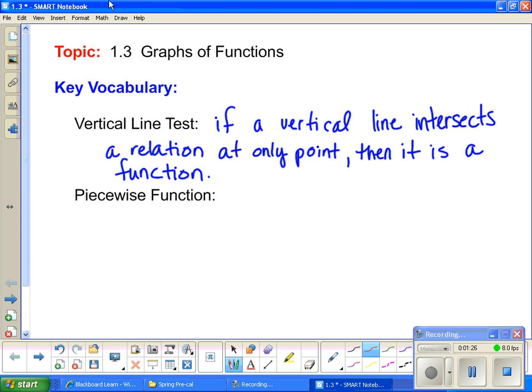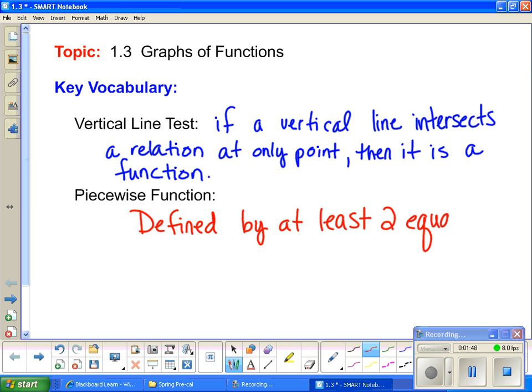Piecewise function. We'll get the definition down, and then we'll look at some piecewise functions in just a minute. It is defined by at least two equations.